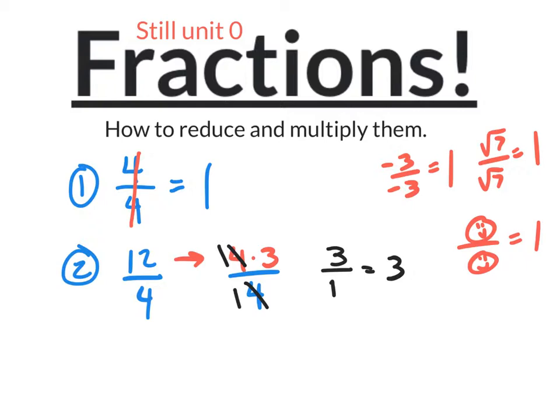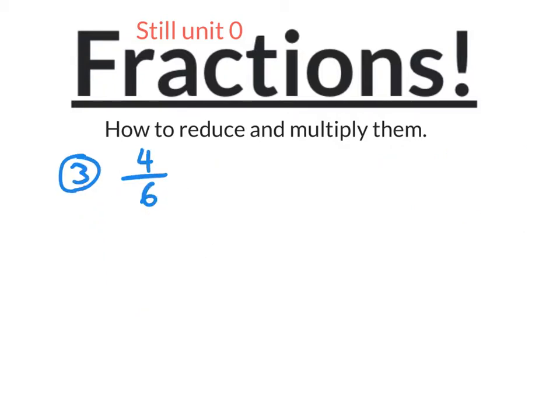Let's do a multiplication problem. Actually, before doing a multiplication, let's do one that requires reducing. Let's take a look at the fraction 4/6. Now, we all know how to reduce. Normally, we reduce by doing what? What's the thought process? Dividing by what? By 2 in this case, right? So you could divide by 2, and you will get 2 over 3, and that is your reduced answer. But here's another option.